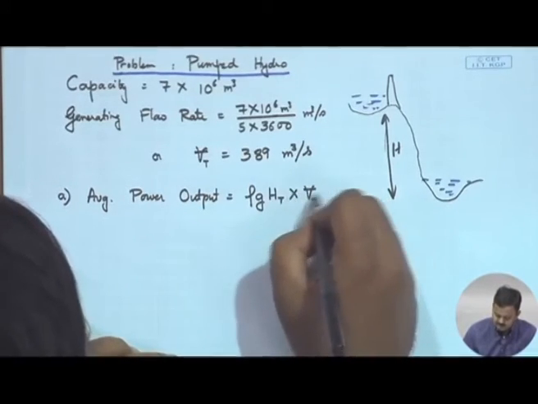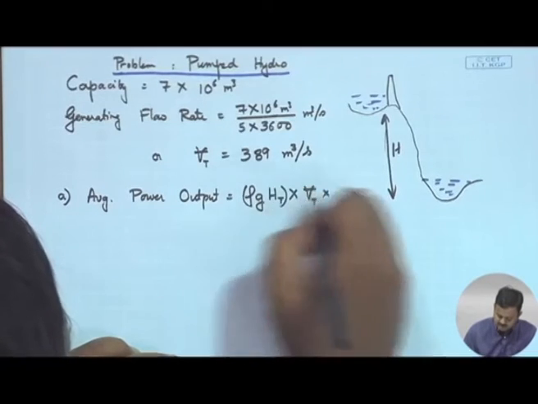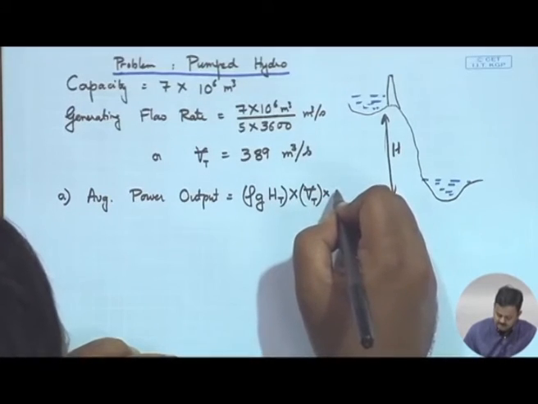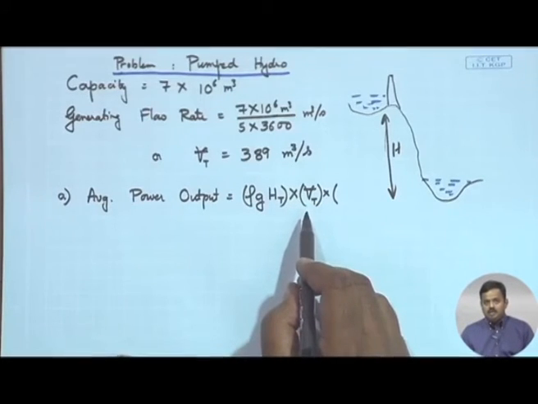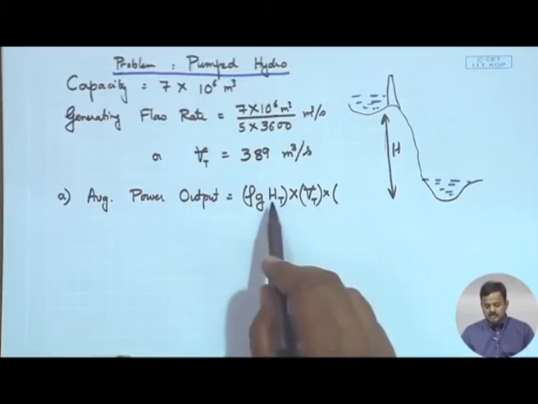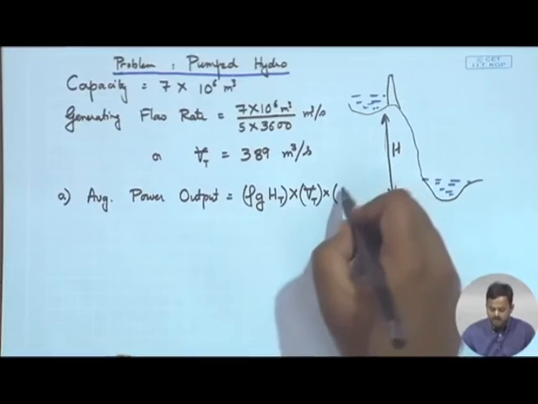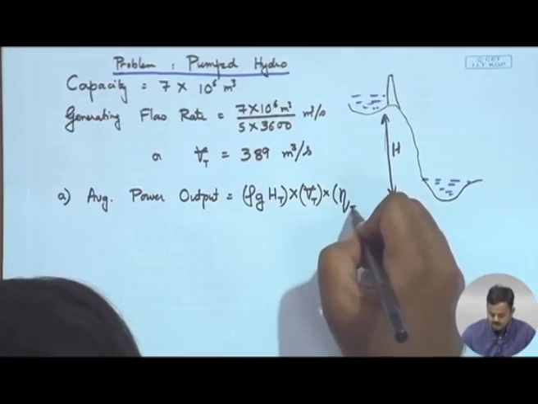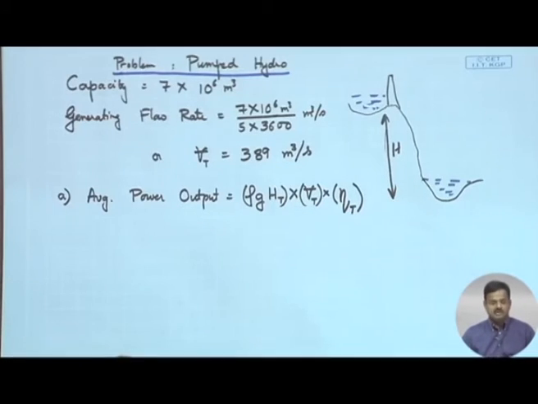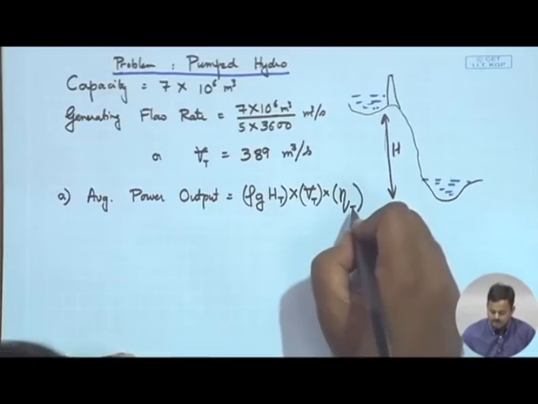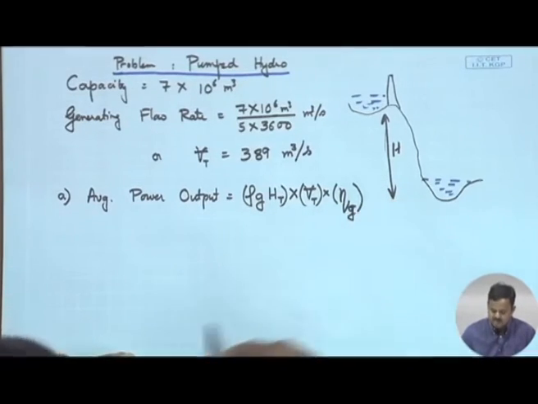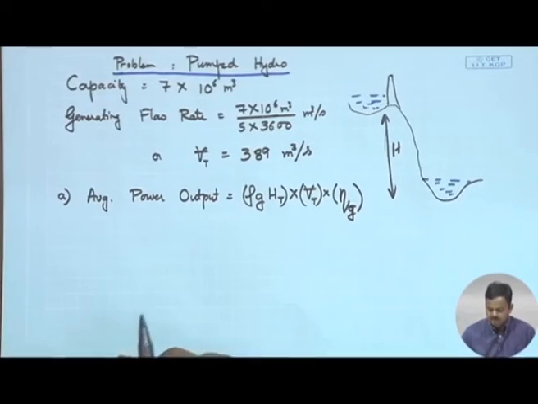And then what? This is the flow rate times the output. This is the input to the turbine; for the output we have to multiply that by the generator efficiency, eta g, which is given as 90%. Clear.